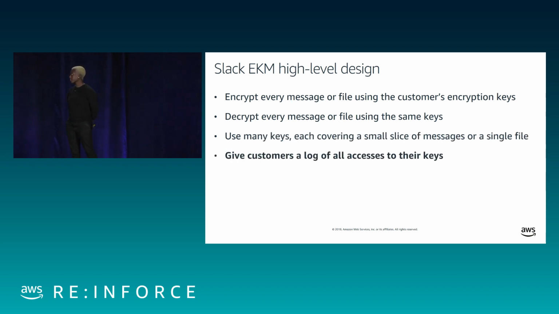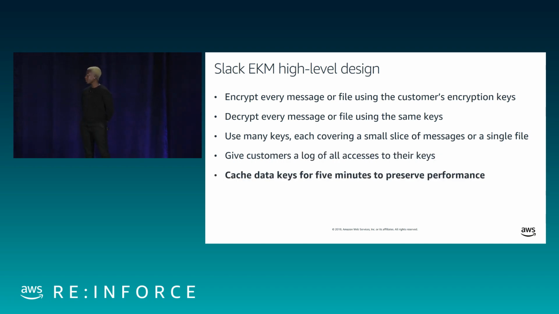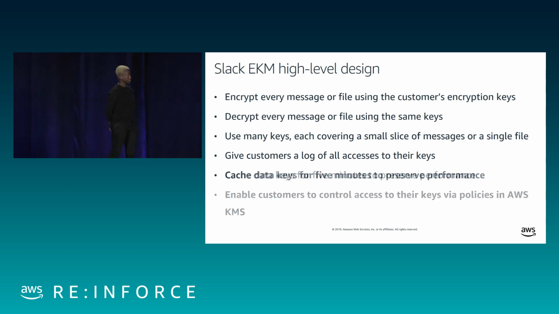We make sure that we give customers all log access of their keys. We cache the keys for 5 minutes, and this is purely for performance reasons. As Joe was mentioning, there's the ability to cache, and we want to make sure that we're not hitting those Amazon APIs all the time. We also want to enable customers to control those key policies through Amazon KMS.